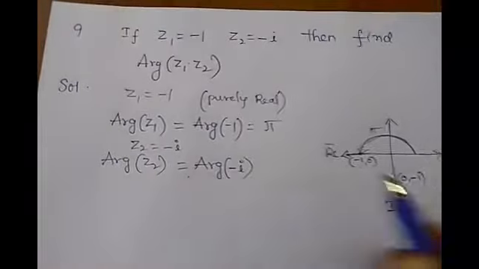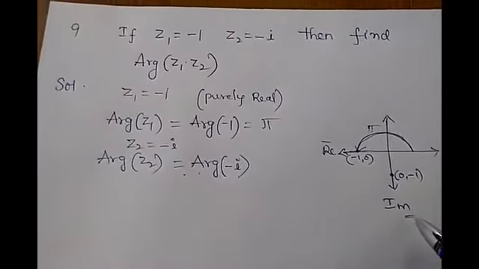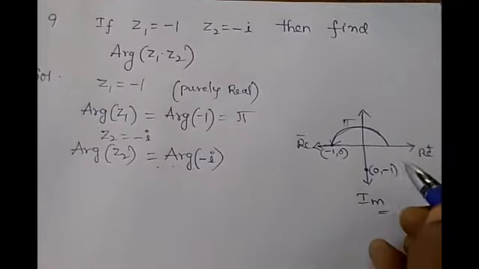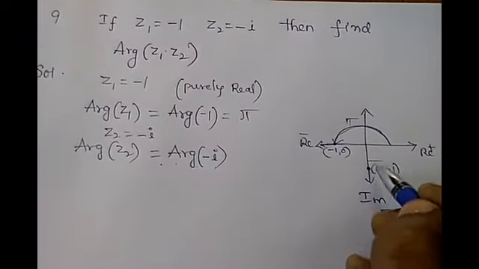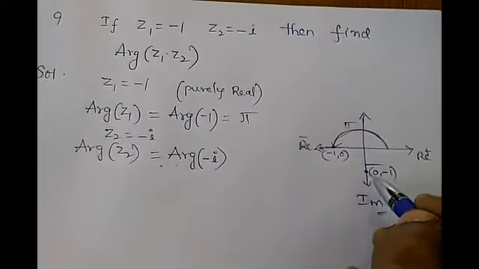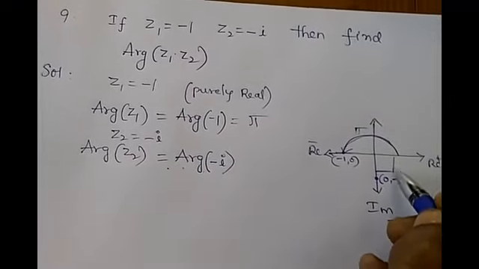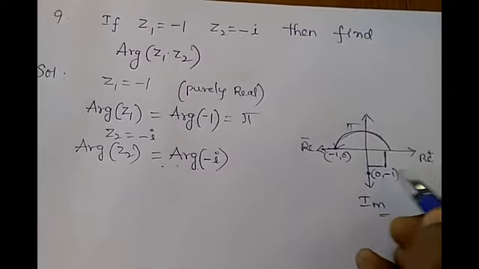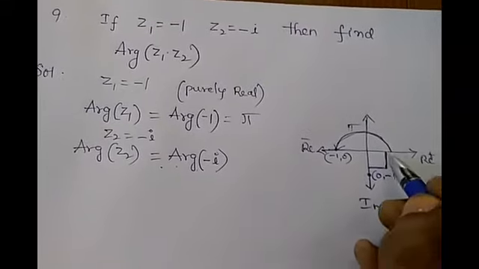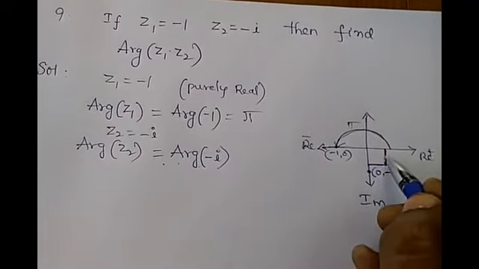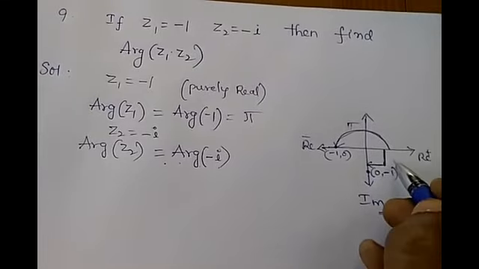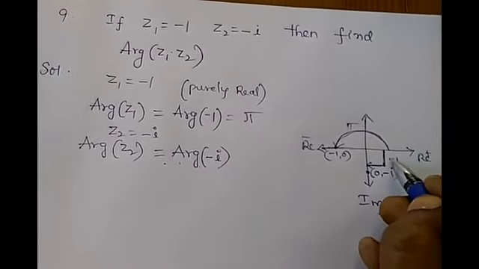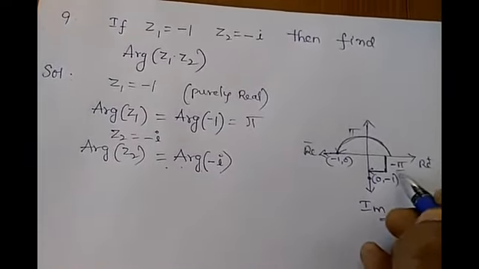So the complex number Z2 makes pi by 2 angle with the positive real axis, but it is in the clockwise direction, so it is measured as a negative angle.